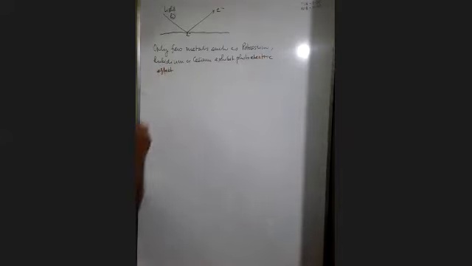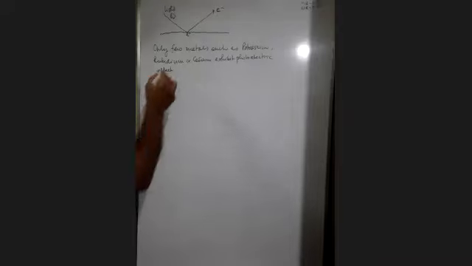Why? Because they are larger in size and their valence electrons are far away from the nucleus, and in that case those electrons can be easily knocked out.